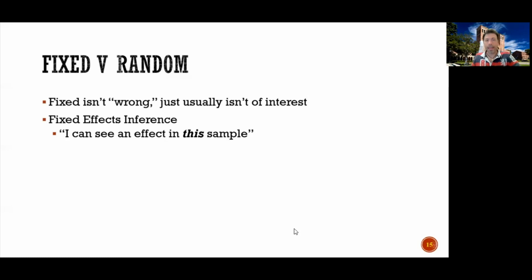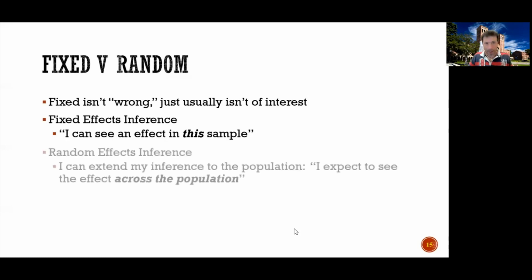And then if an effect is significant compared to measurement error plus the uncertainty from the fact that you picked 20 subjects out of the population, then you can extrapolate and say, well, this effect here, yes, I've seen it in these 20, but because I'm accounting for the fact that I fished these 20 out of a broader population by doing a random or a mixed effects analysis, you can extrapolate to the rest of the population.